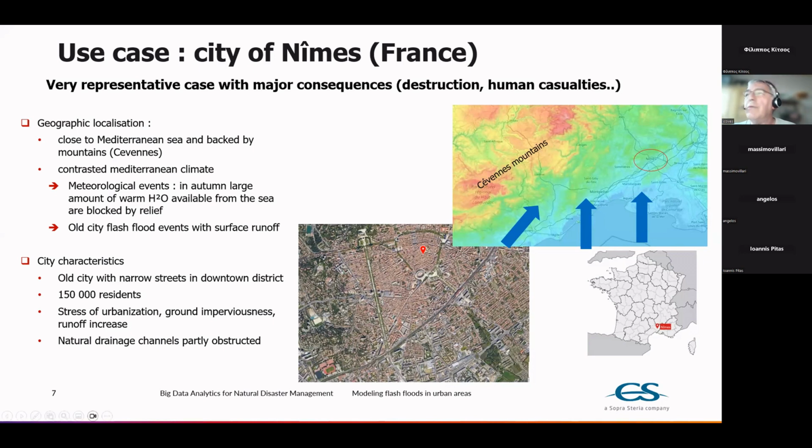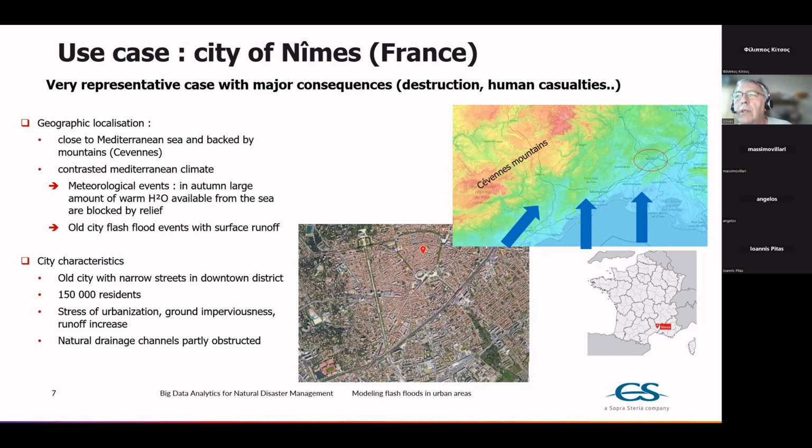And as you have seen on the first line, the front was a dramatic event in 1988. People died. I think it was 600 million euros of damage. 30 kilometers of water pipe was completely destroyed.